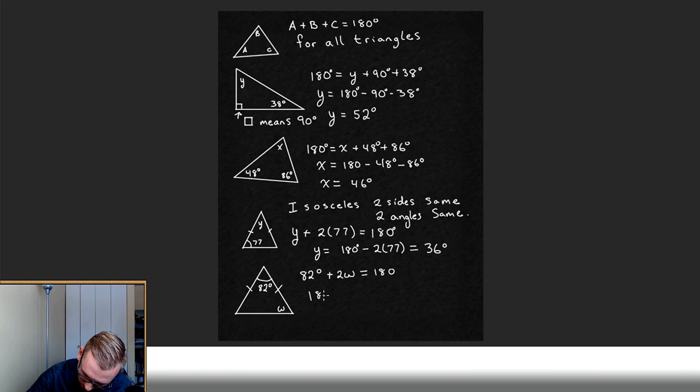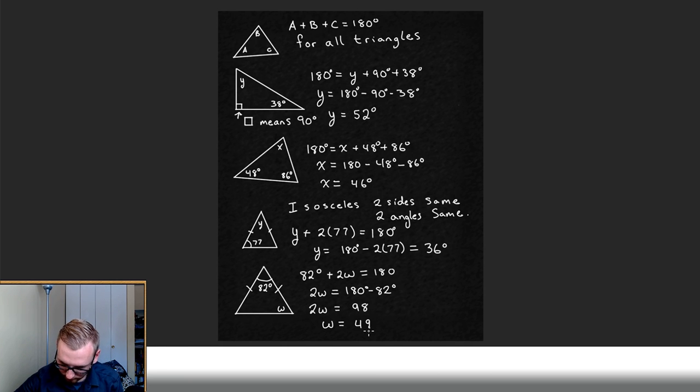So 2w equals 180 minus 82. 2w equals 98. w equals 49. Okay.